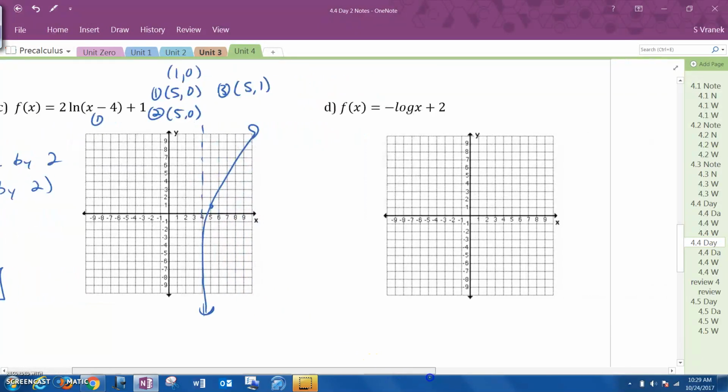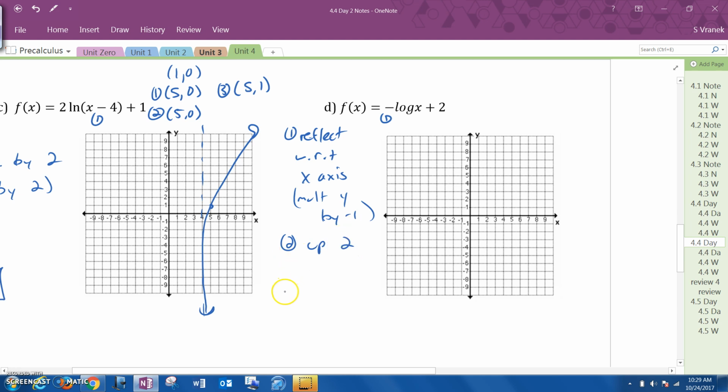Alright, the last one. The first thing that happens is it's a reflection with respect to the x-axis. And to do that, remember you multiply the y by negative 1. So multiply y by negative 1. Okay. And then the second one is up 2.